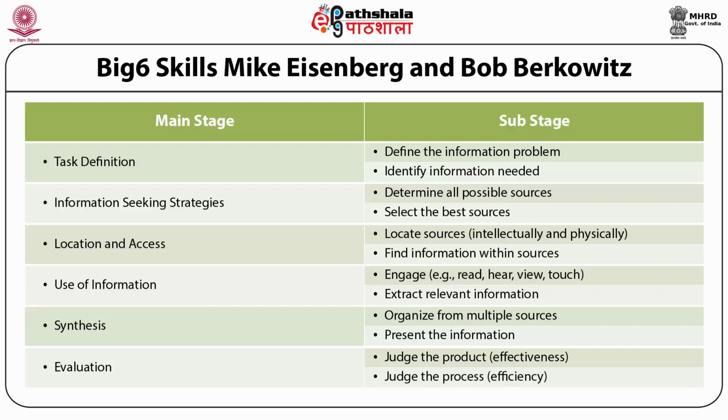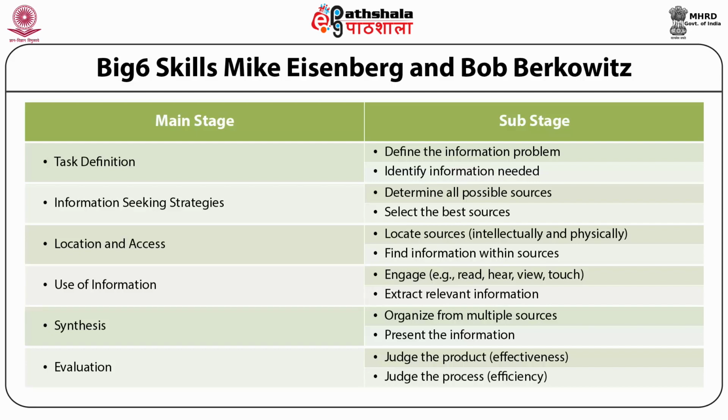The fourth stage is use of information. It has two sub stages: engage, that means read, hear, view or touch, and the second sub stage is extract relevant information. The fifth stage is synthesis. It has two sub stages: organize from multiple sources and present the information.